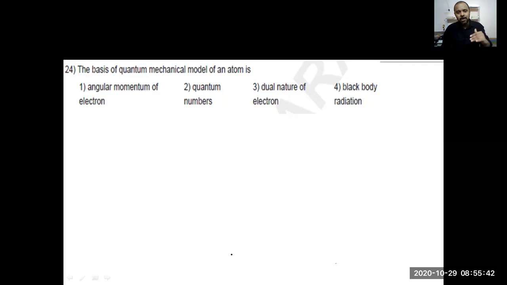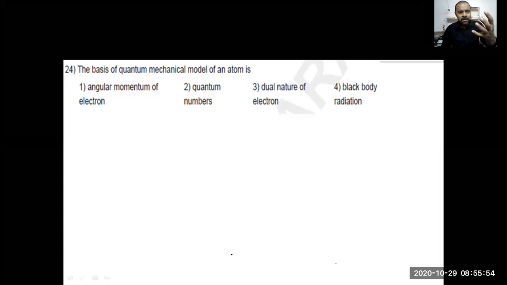But after de Broglie's matter wave, we concluded the electron is not just a particle; it is also a wave. So the branch of science which deals with properties of matter, considering the wave nature as well as particle nature, is called quantum mechanics. So later the quantum mechanical model for an atom will be given. We'll discuss that later. But the model is because of the dual nature of electron, the concept of matter wave. Okay. So option 3 is correct.